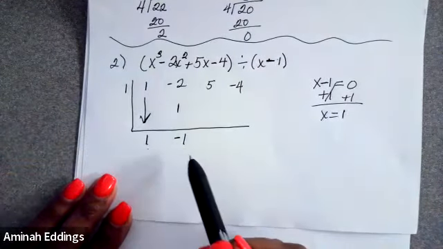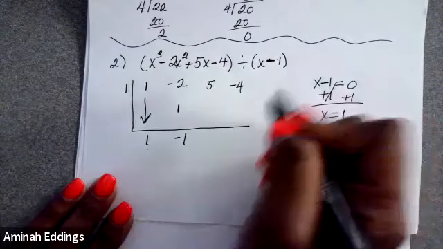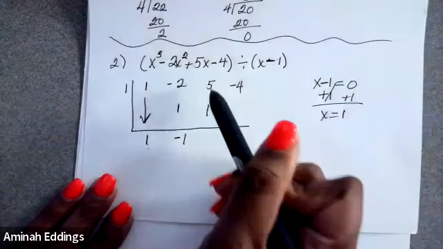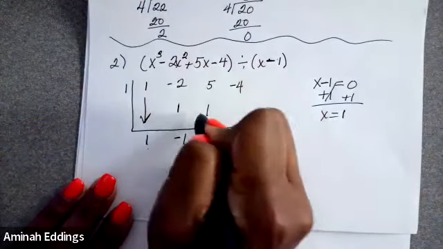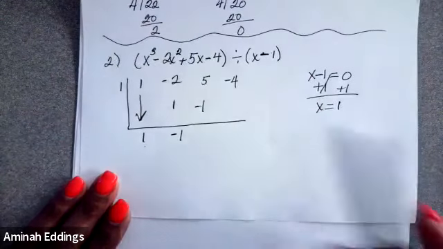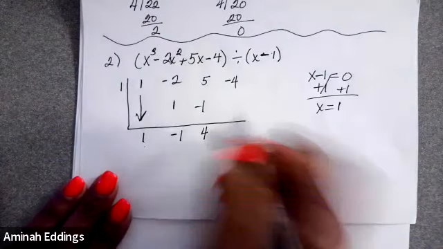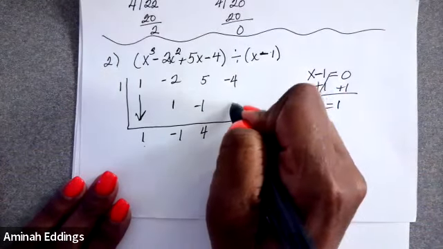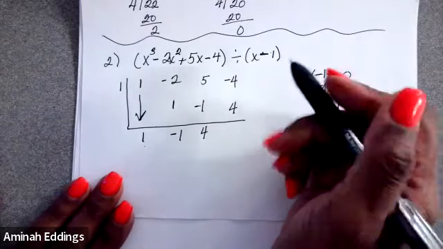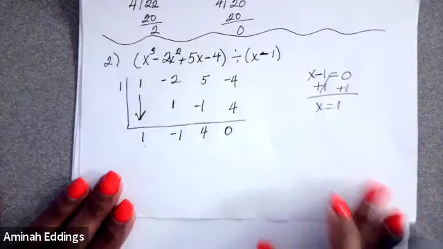We multiply again because we're on the outside. 1 times -1 is -1. Okay. 5 and -1 is 4. And then 1 times 4 is 4. Y'all getting like me, jumping ahead. And -4 and 4 is 0.